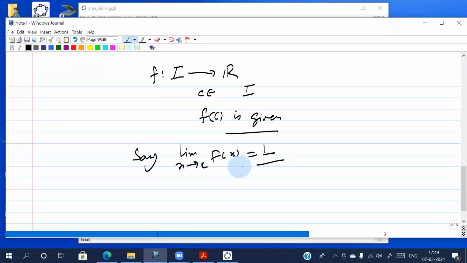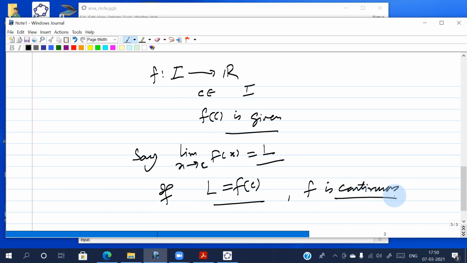So what is this limit? That is the value I expect the function to take by looking at its values at points near c. So if L is equal to f(c), you will say that f is continuous.